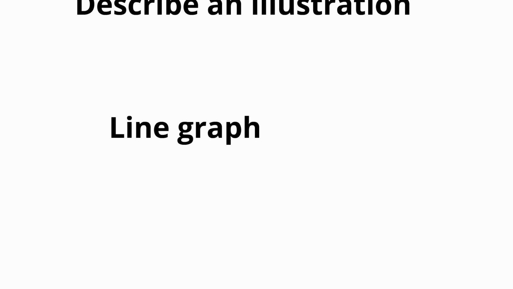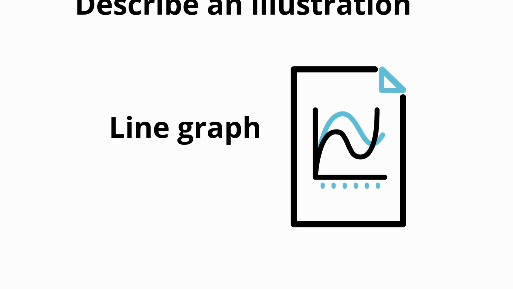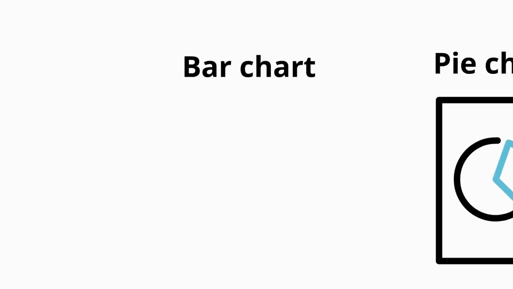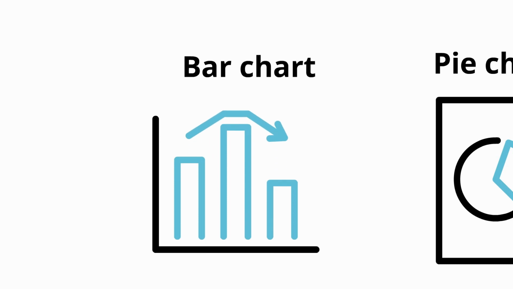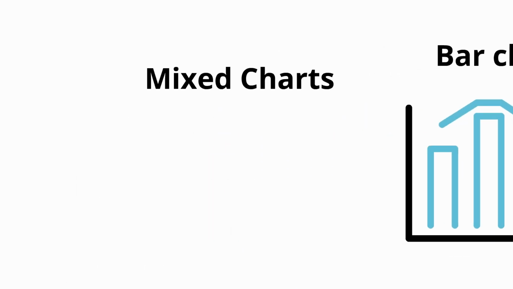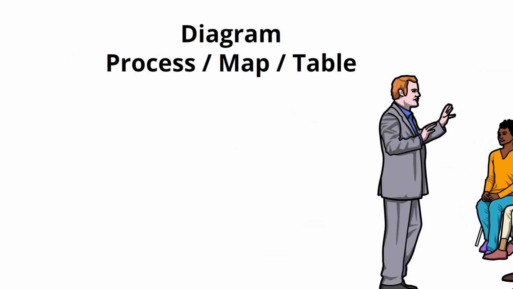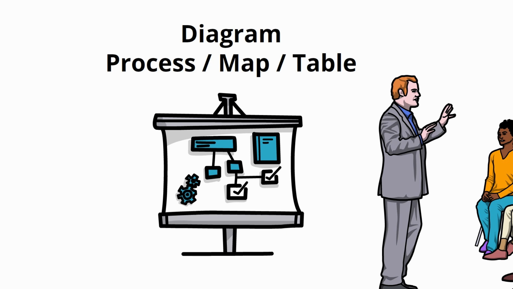This could come in the form of a line graph describing trends, or pie charts comparing and contrasting information, or bar charts. It could also be a mixture of 2 of these charts together, or some other form of diagram, such as a process, a map, or a table.